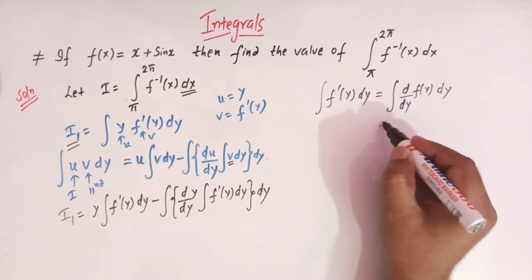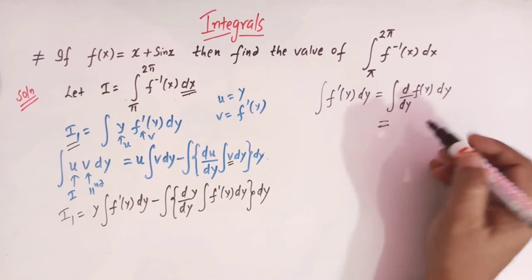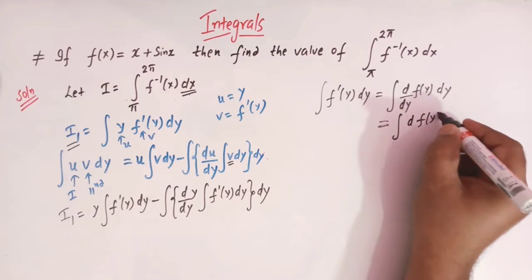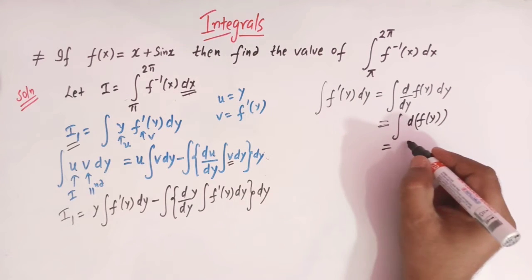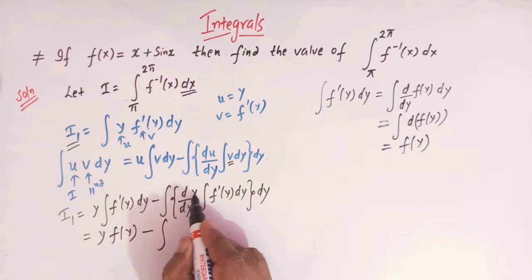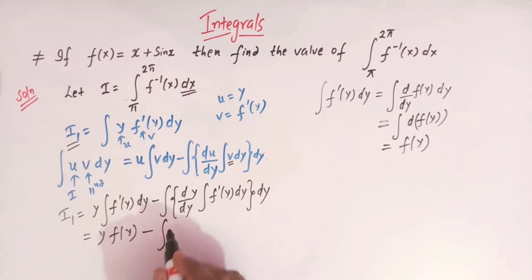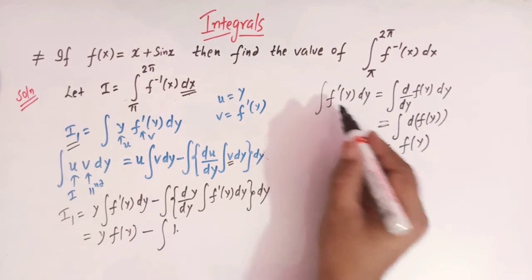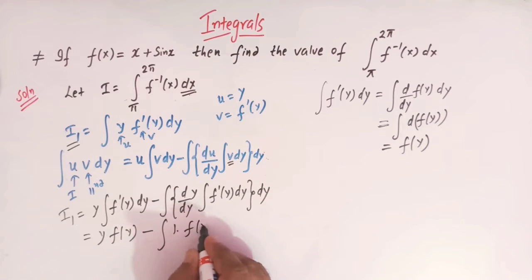So this integral is equal to simply integral d of f of y, so we can write it like this: f of y, right? So here we have y times f of y minus integral derivative of y with respect to y is 1, and integral of f prime of y dy is equal to f of y, right? So now we have got this expression.